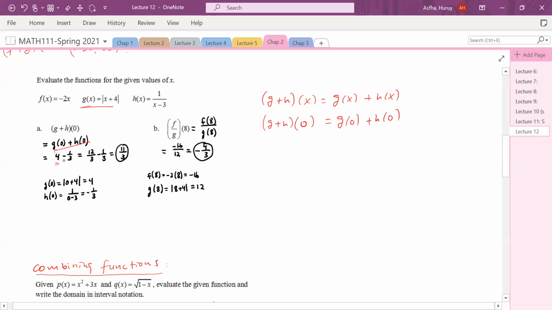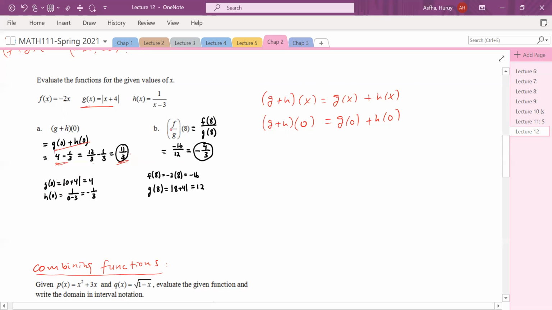And if we subtract this, multiplying by 3 over 3, we have 12 over 3 minus 1 over 3, 11 over 3. So this is the output of g plus h of x evaluated at x equals 0.